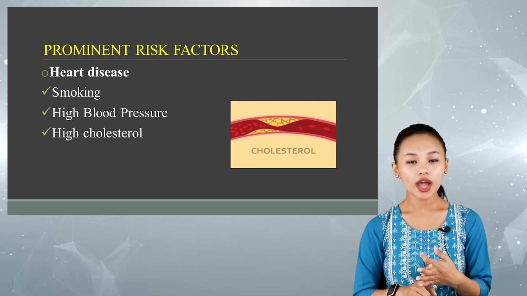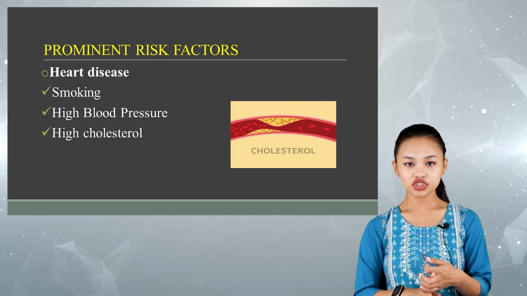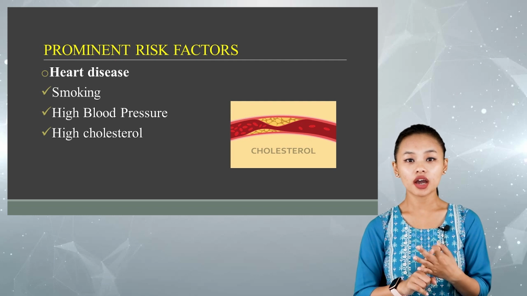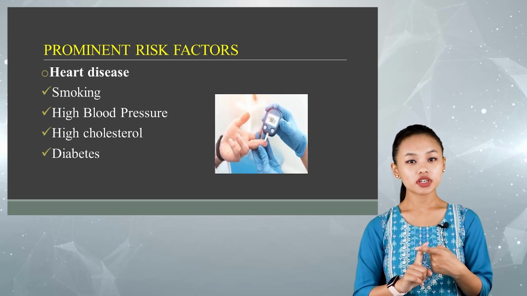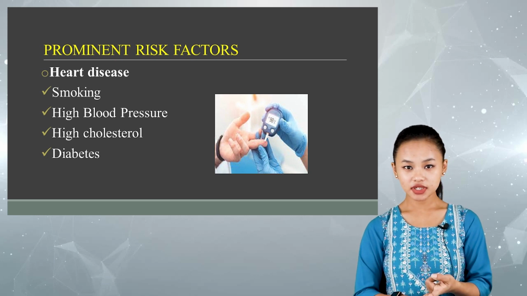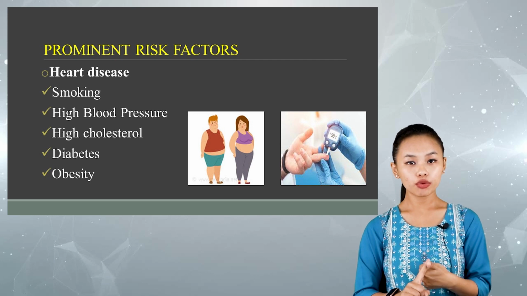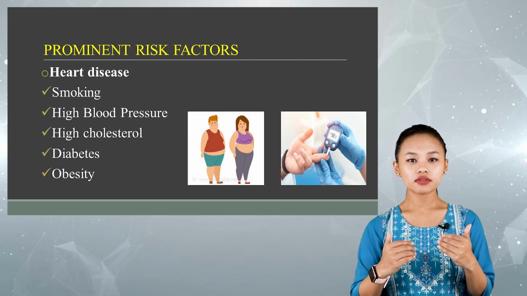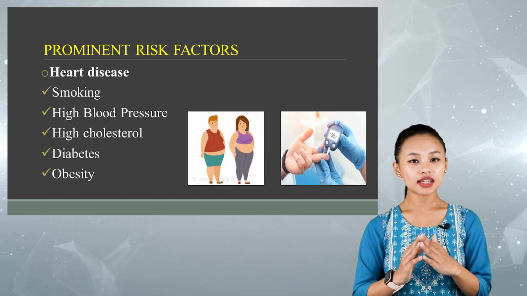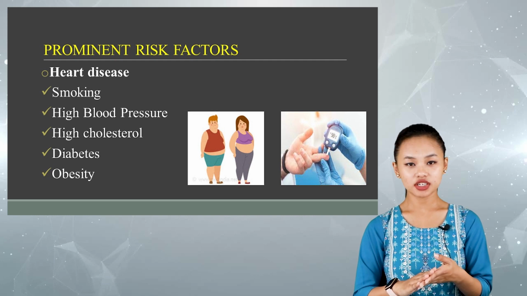He is also at high risk if he has a high cholesterol level, if he is suffering from a condition known as diabetes, and also if he is an obese person. So, these are certain risk factors that can lead an individual to develop this disease condition.